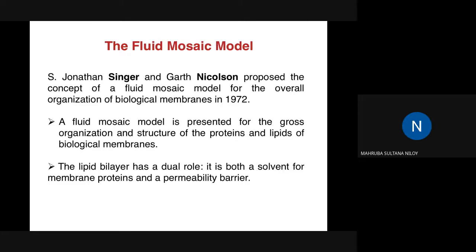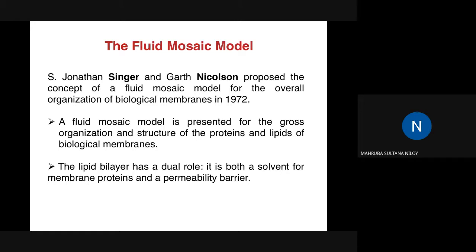So actually we already discussed this model. This model is for the plasma membrane, right? We all know that the plasma membrane contains proteins and lipids.